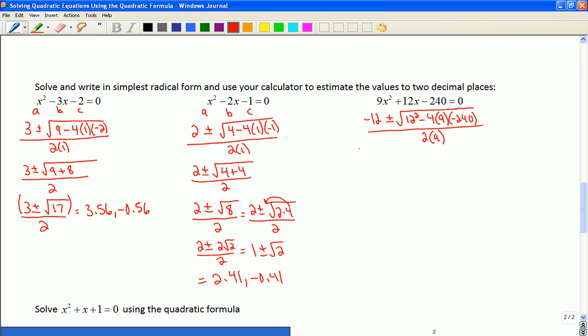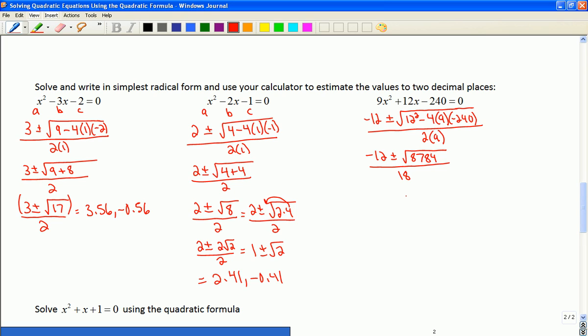So I'm going to get the calculator to give me what the value is inside, and it is quite large. So we have negative 12 plus or minus the square root of 8,784.